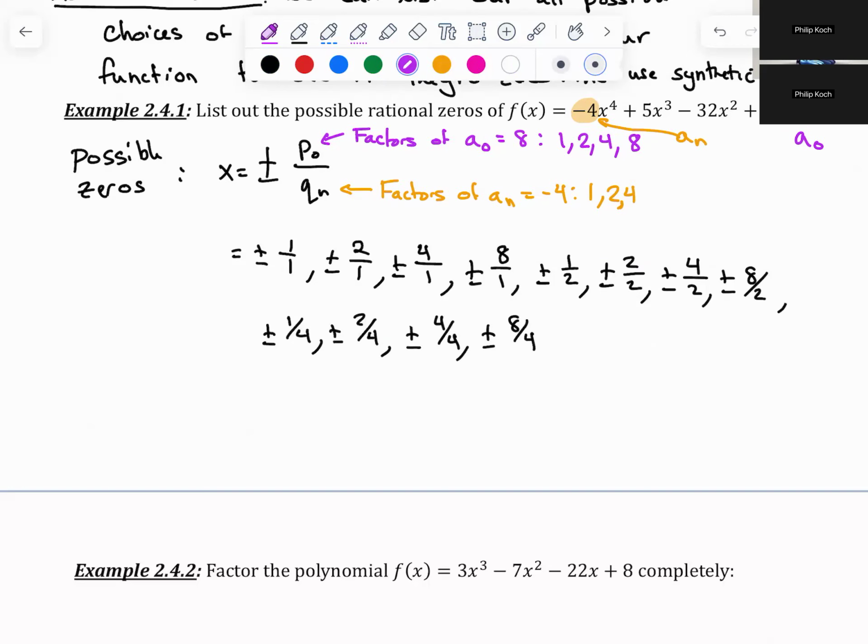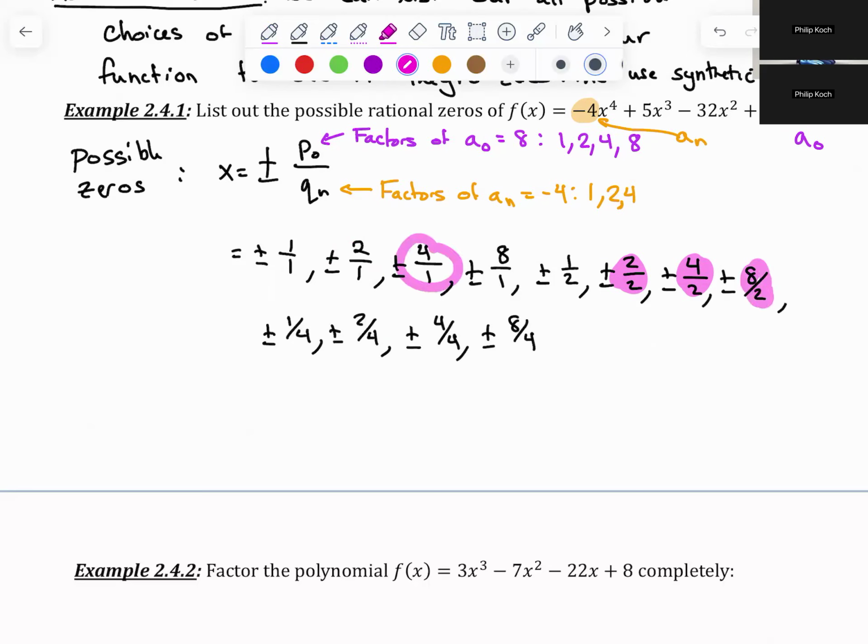But then we'll notice a couple things. This one right here, oh, I'm gonna use pink. That one, that's just 1, but we already have that right there. So that's redundant. 4/2, that's 2. We already have that. 8/2, that's 4.